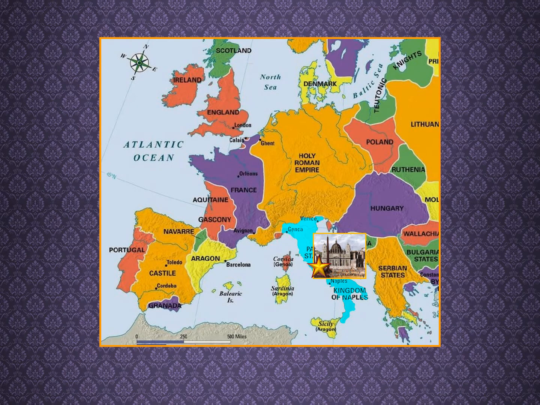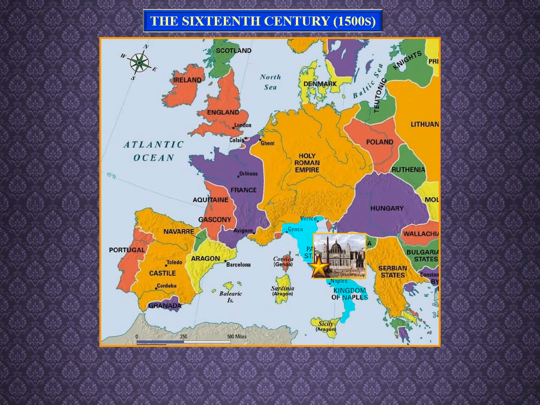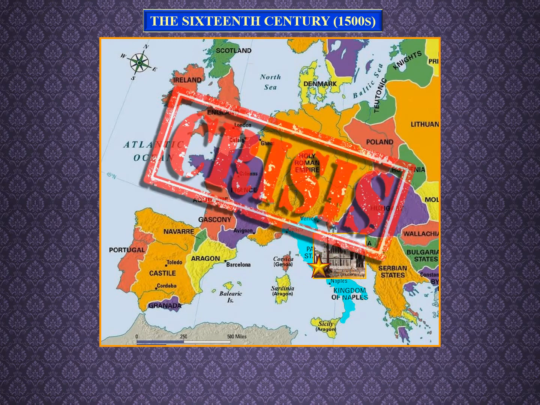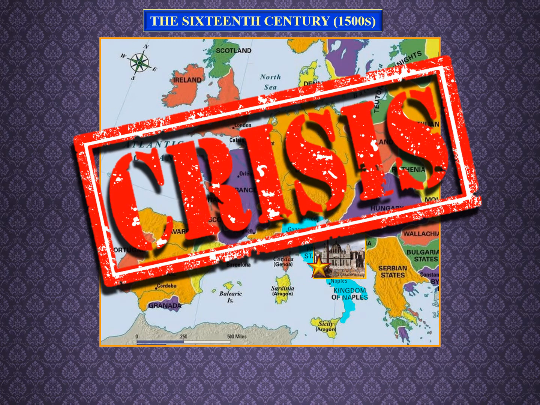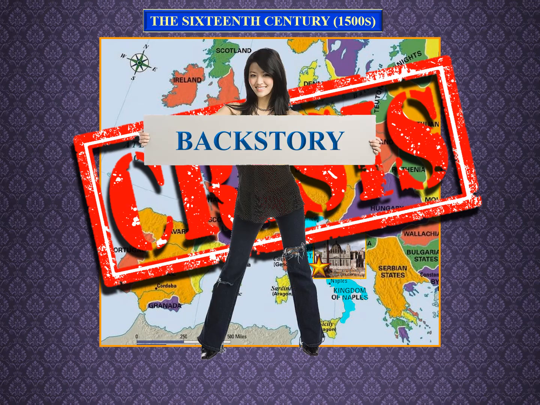In the 16th century, 1500s, Europe fell under a huge crisis, which affected the development of Baroque art in the following century. So we need to go back to the 16th century and consider some more backstory.